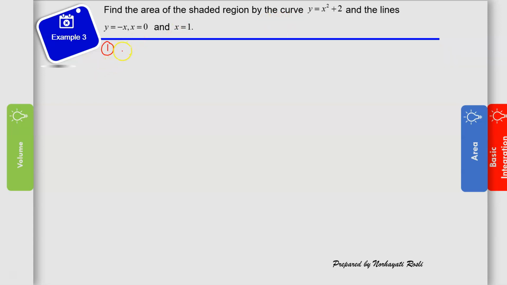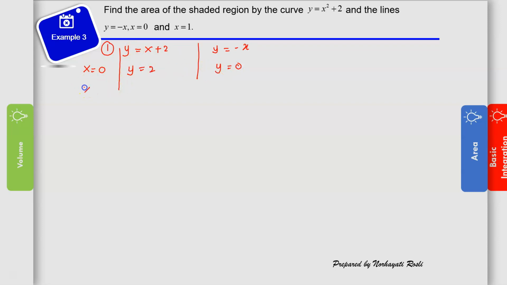So now we have y equals x squared plus 2, and then we have y equals negative x. Let's say we set x equal to 0. Based on this limit, for this one y equals 2, here y equals 0.